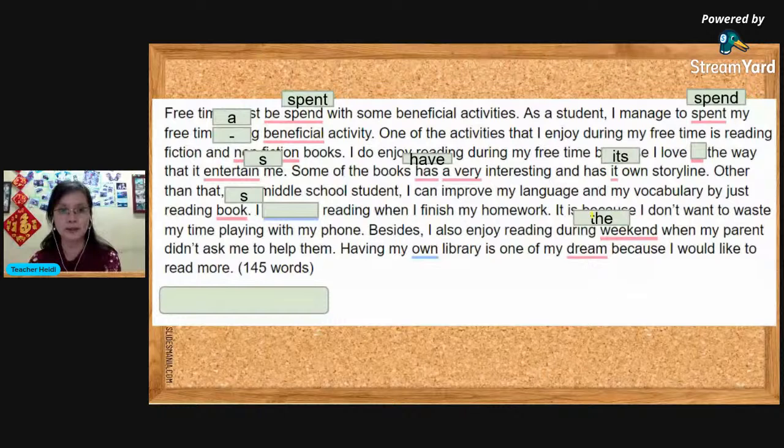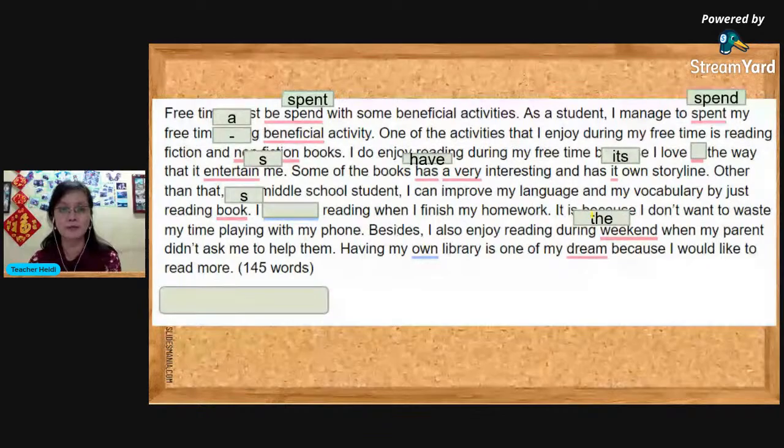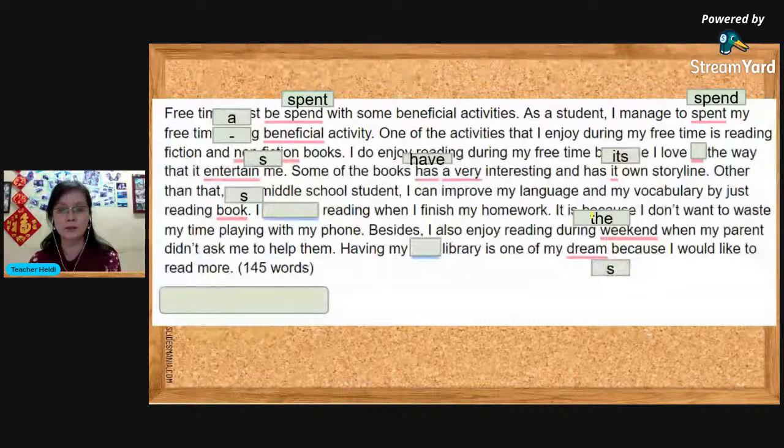Besides, I also enjoy reading during the weekend when my parents didn't ask me to help them. Having my own library, okay, acceptable, is one of my dreams because I would like to read more.